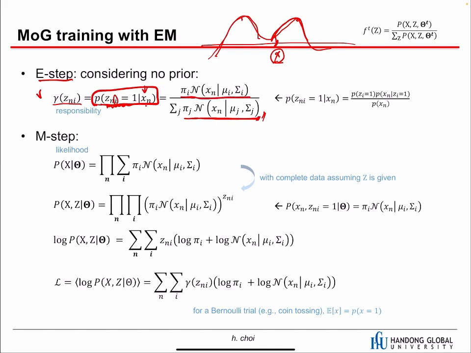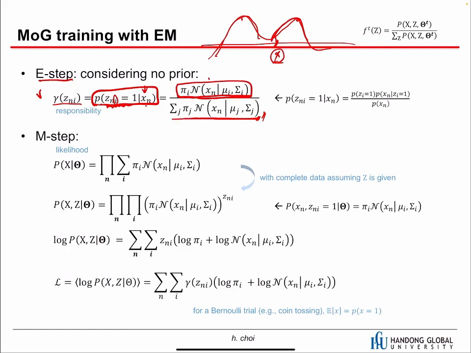So this one is the ith component's weight and likelihood. Given one component i, weight times likelihood is the numerator, and in the denominator we sum all of them.